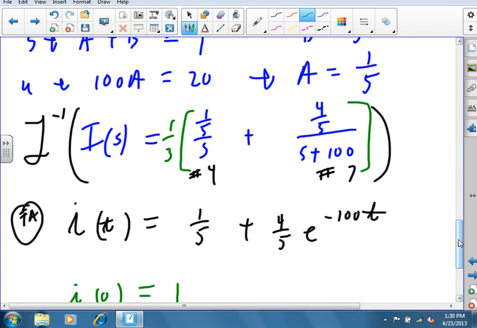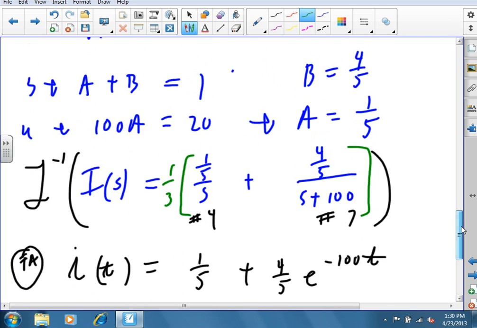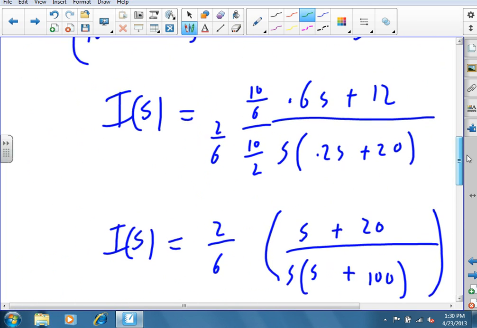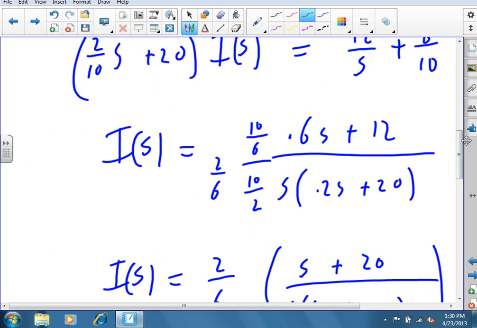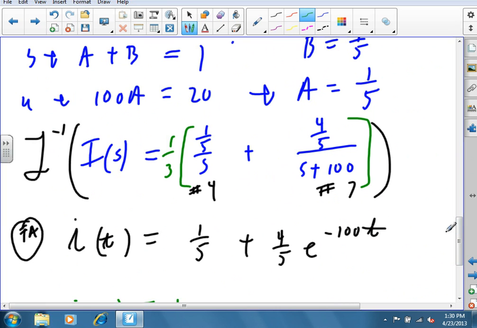That doesn't help any. Oh, dummy. 6 over 2. Now the 6's go away and the 2's go away. I got a 3 sitting there. Alright, that's better.